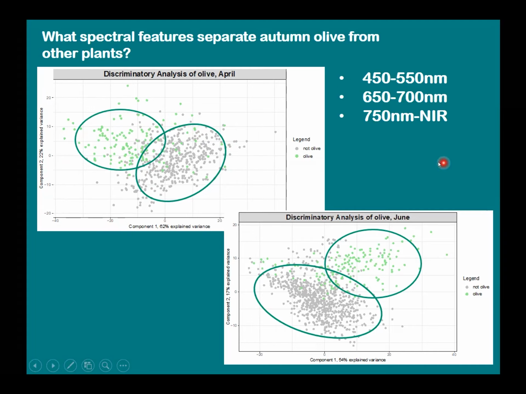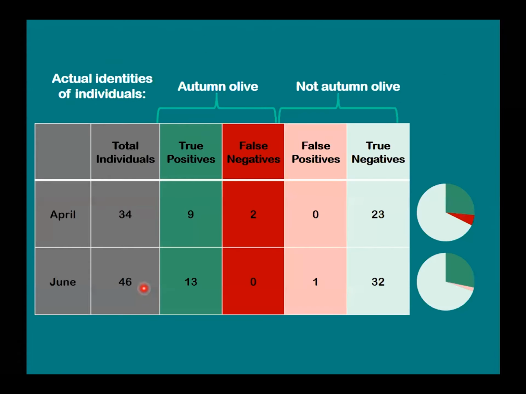So their spectral signature in the blue, red, and near infrared separate these two out reasonably well in April and also reasonably well in June. And so she was able to develop algorithms to make predictions about what is an autumn olive and what is not an autumn olive. And then she tested those algorithms on her test data set, and it turned out rather well.